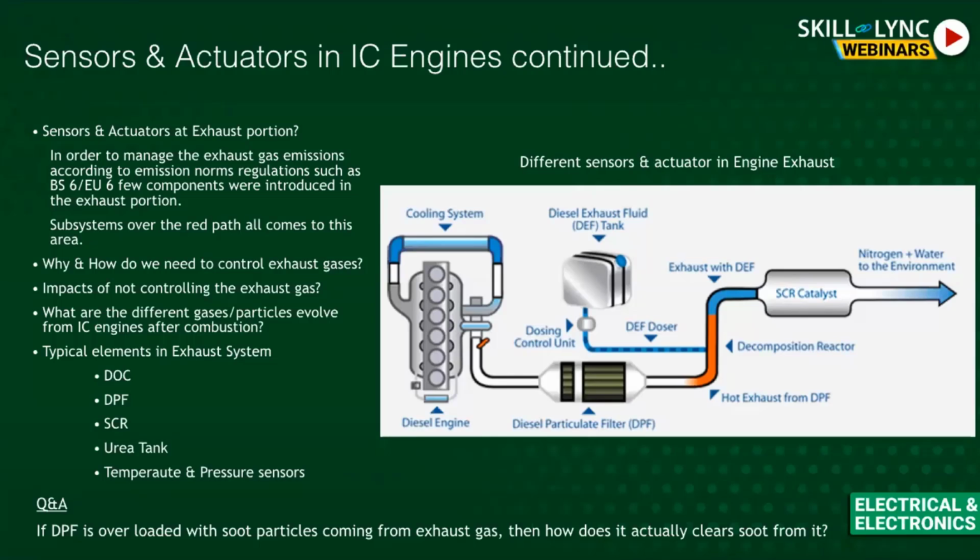But 100% combustion is not always successful, and the chemical reactions are not as complete as we want. That's the reason we don't get only water as the output; we get a mix of water and other stuff. Here we will see the different gases and how exactly they are controlled, converting harmful gases into normal gases for the environment.